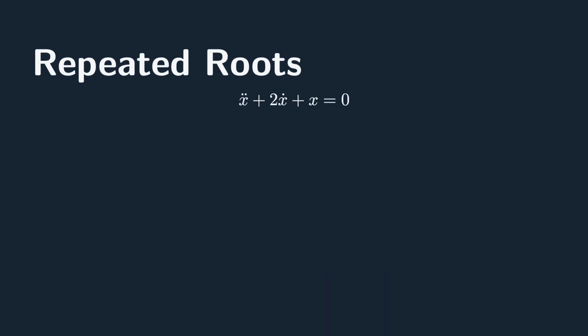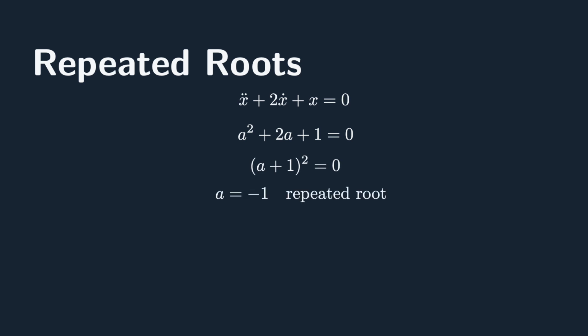What happens if the characteristic equation has a repeated root? In this example, the characteristic equation is a squared plus 2a plus 1, which factors to a plus 1 squared equals 0. So, a equals minus 1 is a repeated root. A single root at a equals minus 1 gives the exponential term e to the minus t.